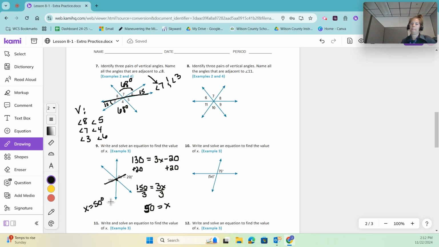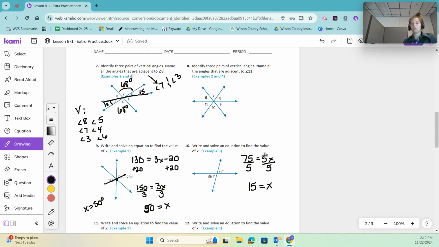Let's try one more. Again, vertical angles, which means 75 and 5x are equal. So we can write an equation, 75 equals 5x. This is just a one-step equation. 5x is 5 times x, so we divide by 5 on both sides. 75 divided by 5 is 15.